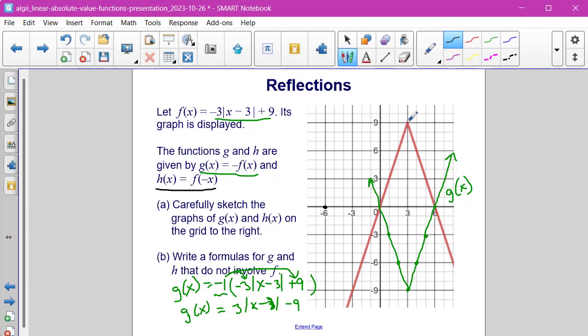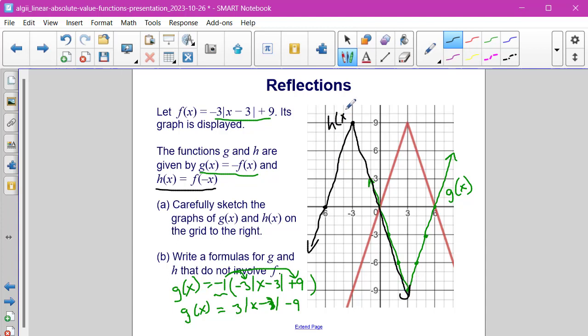And this point up here at 3, 9, well, that, when we reflect it across the y-axis, is going to go through -3, 9. So the graph of this function is going to look something like this. Oh, and it does overlap right here, but then it just continues to go on.